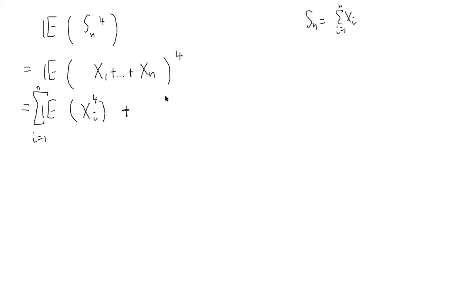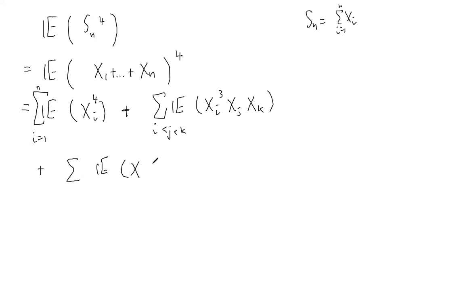Then the others, you will have the summation of xi to the power of 3 with j, k, so you got i, j, k. Then you have i squared, ij.